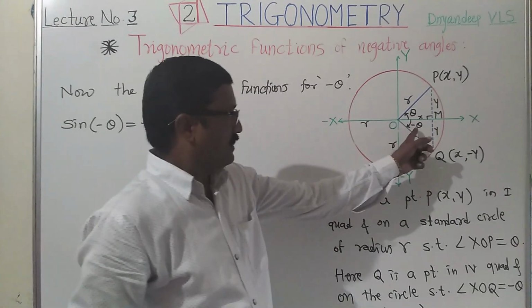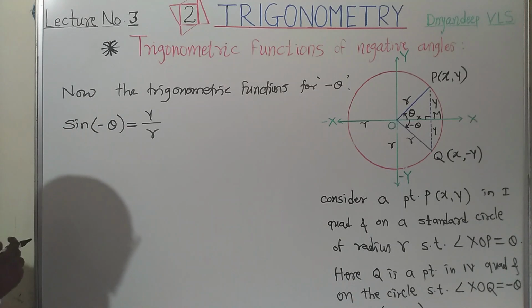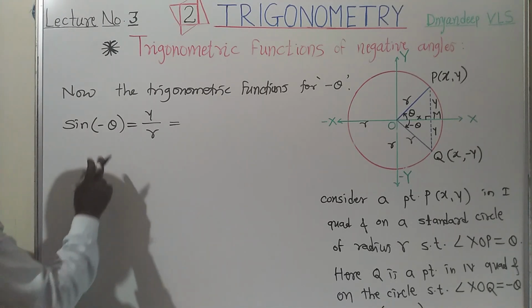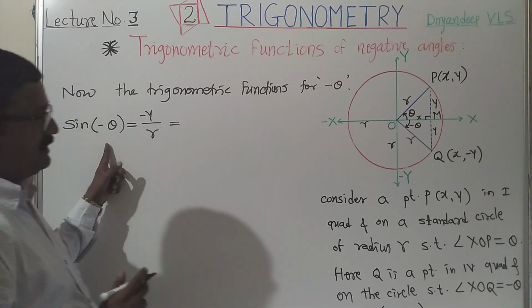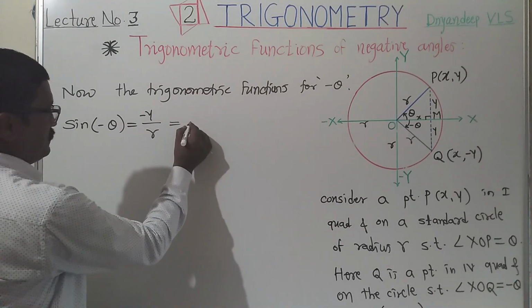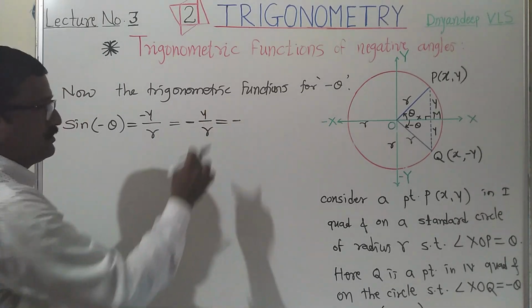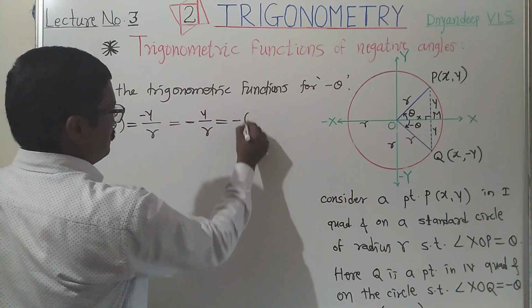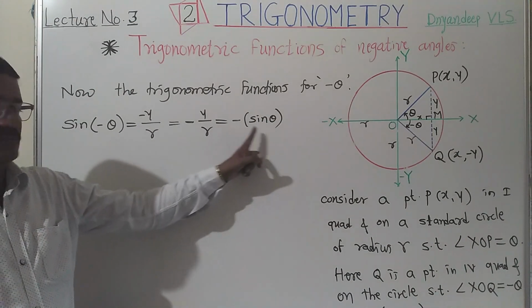Y is nothing but opposite side upon hypotenuse for this angle in triangle OQN. It is equal to y upon r. What is y? Y is actually negative. Here for sin minus theta, this y is negative. So we will write here minus y upon r. So it is minus of y upon r, and it is equal to minus of, what is y upon r? For this triangle, y upon r is nothing but sin theta. So it is minus of sin theta. So sine of minus theta is equal to minus of sin theta.